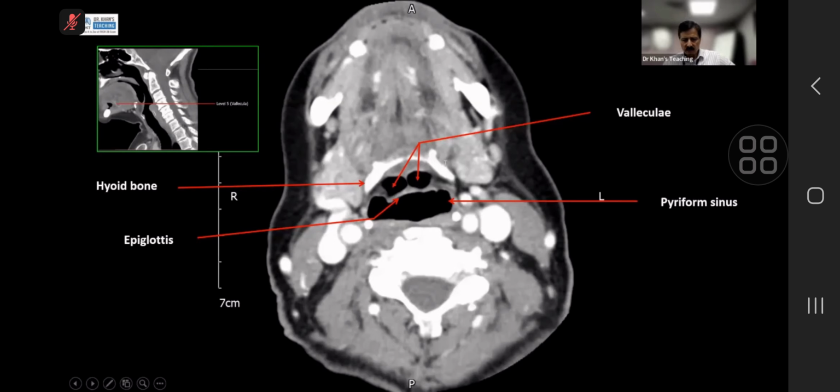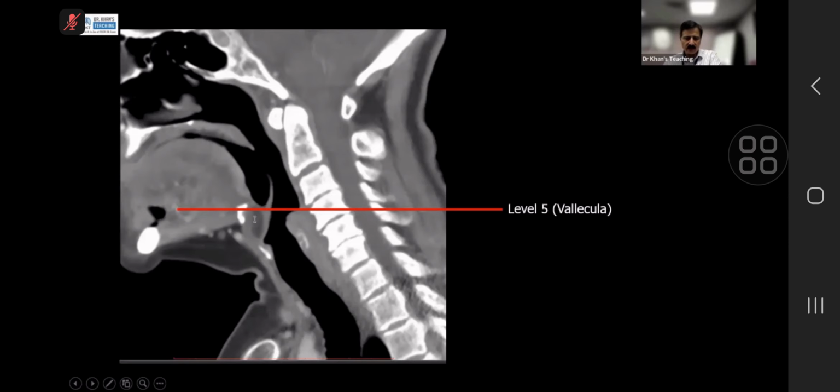Now, anteriorly, you can see the hyoid bone, and this is the hypopharynx. And you can see these sinuses on the right and left, which will be better seen on the next slice. So you see the slice is going like this. Another point, if I go back, is that you see there is a bit of low density.